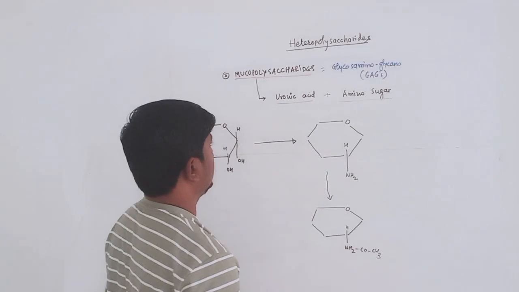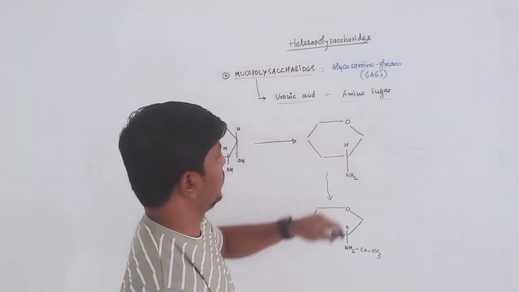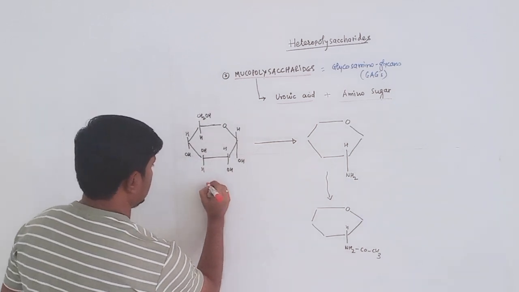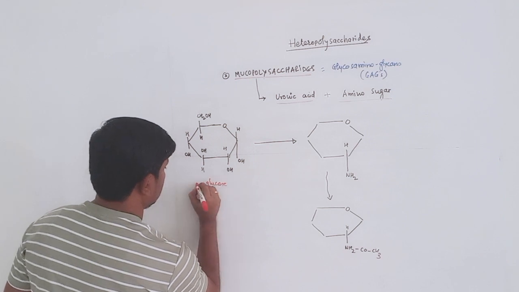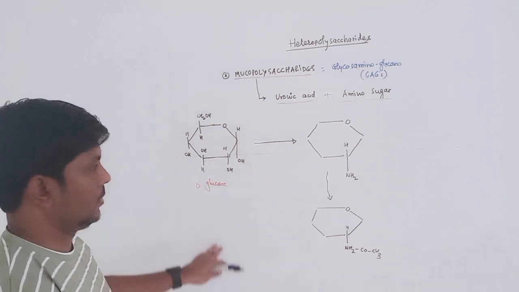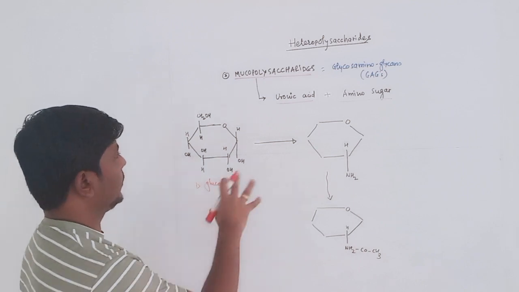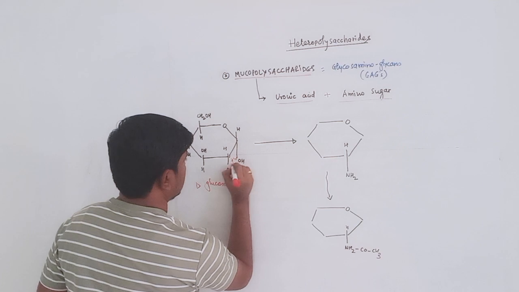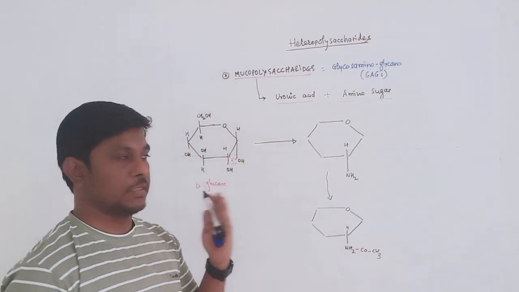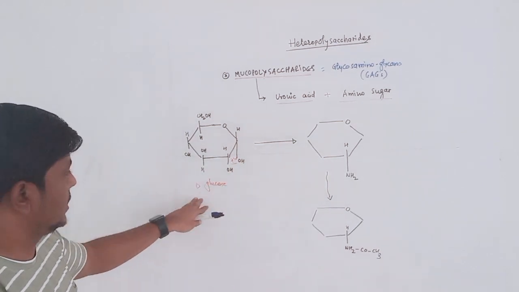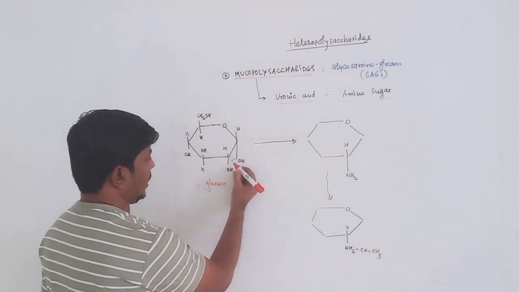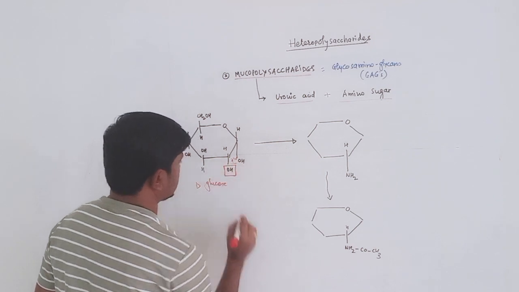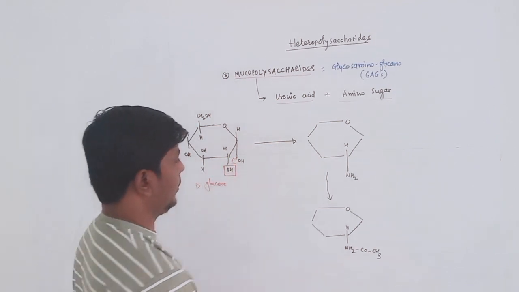Now we'll see how we get the amino sugar molecule. This is again a glucose molecule. What happens is that on the second carbon atom of hexoses, as in this case glucose, the hydroxyl group which is present gets replaced with an amino group.